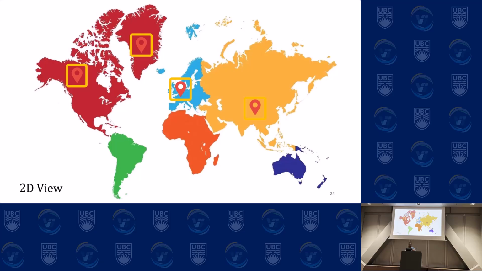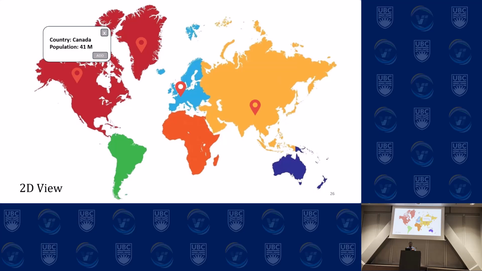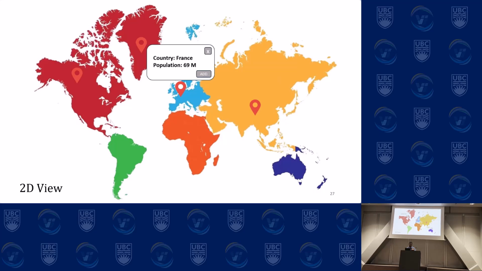Let me first show you the task on a 2D map, and then I will show you the actual 360 demo. So the participant had to select the markers in a certain order to open the pop-up information, which contains the population information for all 4 countries, and they had to add them to a list. So here are the 4 markers.